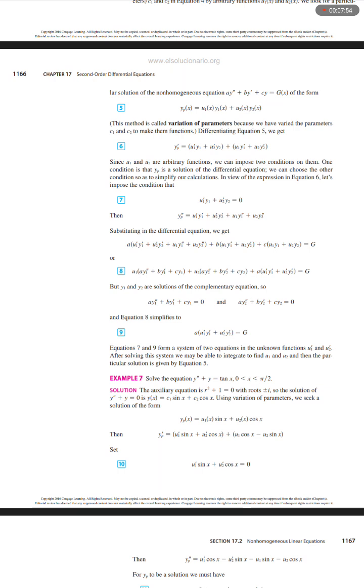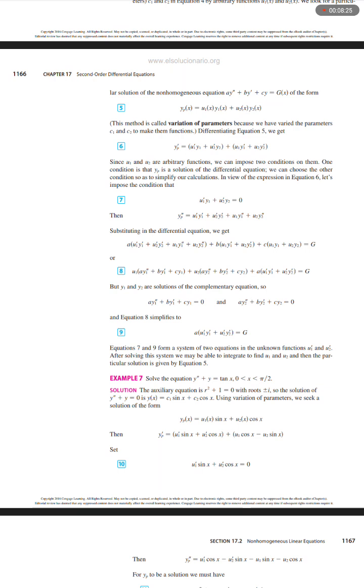to make them functions. Differentiating equation 5, we get equation 6, y prime sub p equals open u prime sub 1 y sub 1 plus u prime sub 2 y sub 2 close plus open u sub 1 y prime sub 1 plus u sub 2 y prime sub 2 close.